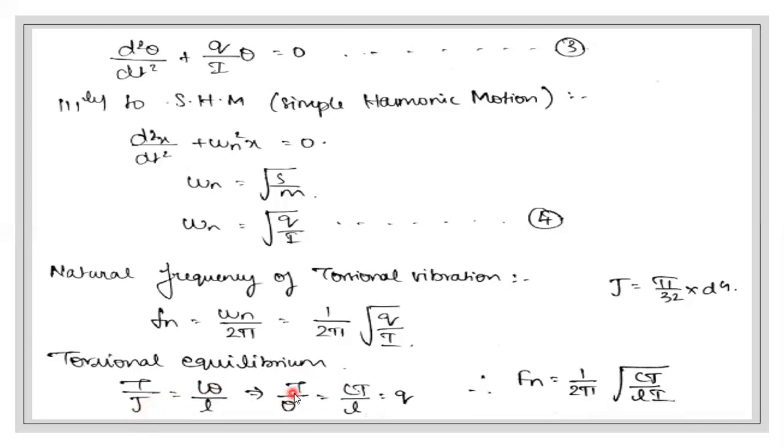So we'll have T by theta is equal to CJ by L. Now replace this CJ by L as the torsional stiffness Q. So in the natural frequency equation for torsional vibration, Fn is equal to 1 by 2 pi root of CJ by L into I. Now we have determined the natural frequency for torsional vibration.